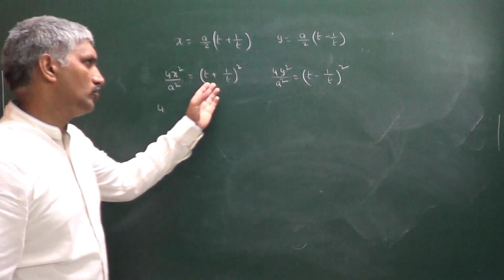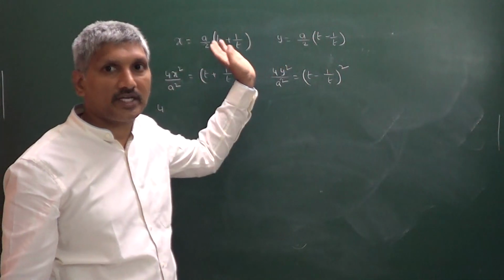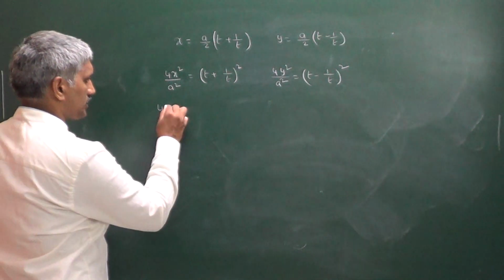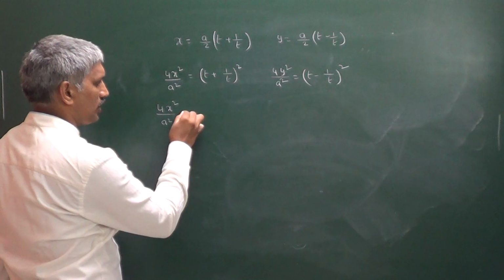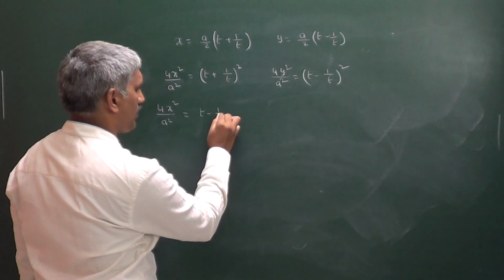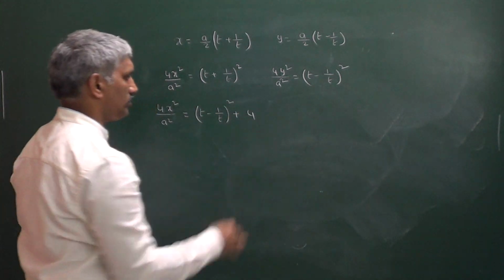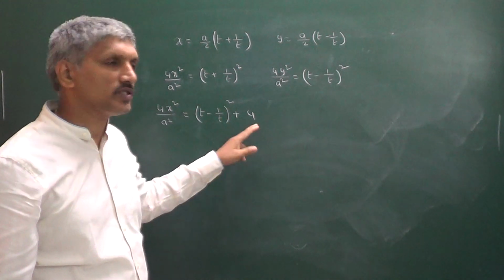Now from these two we are going to eliminate t, because the locus of the point x comma y is being asked. So 4x square by a square is equal to t plus 1 by t whole square, which can be written as t minus 1 by t whole square plus 4, since a plus b whole square can be written as a minus b whole square plus 4ab.